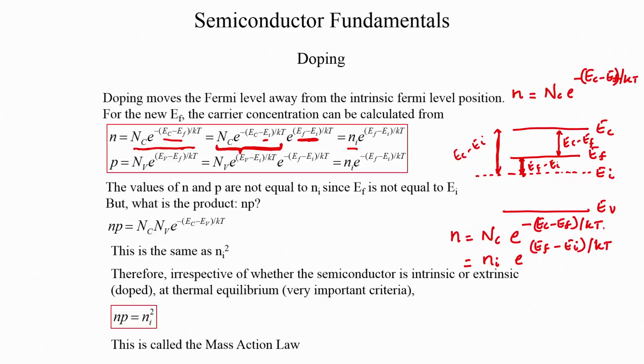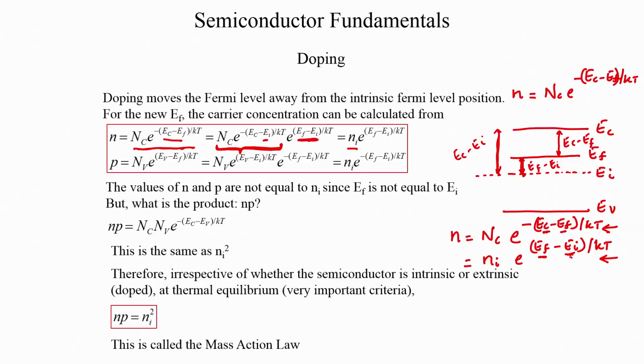Both of these expressions are useful. It depends on the situation. This expression relates the carrier count by noting down the energy difference between the conduction band edge and the Fermi level, whereas this expression makes the carrier count by noting down the energy difference between the new Fermi level position and the intrinsic Fermi level position.